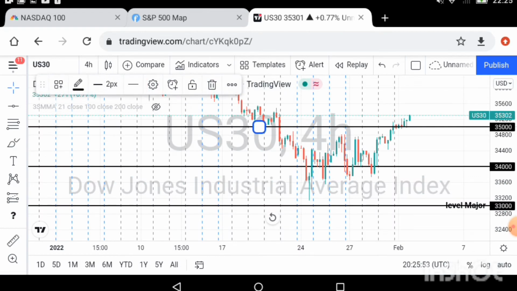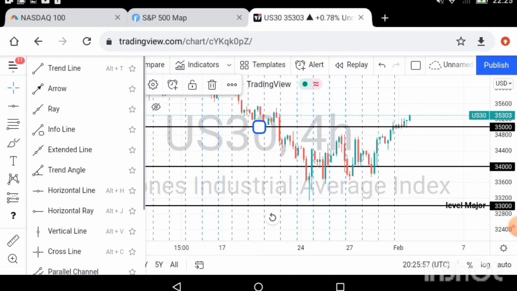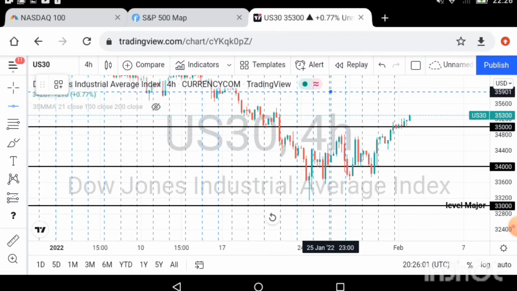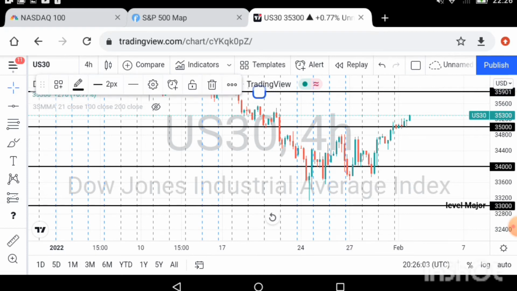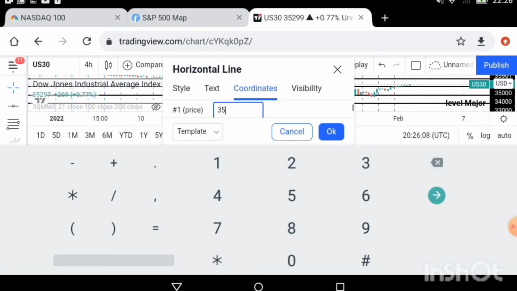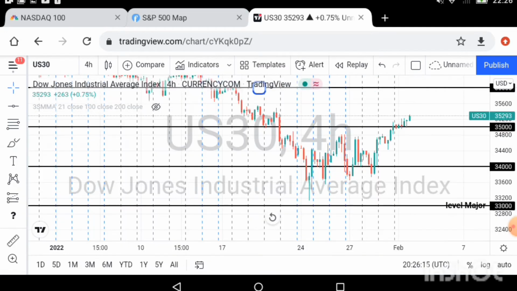Next level will be 36,000. These are major natural levels, every 1,000 pips. Next one will be 36,000. Am I correct? Correct me if I'm wrong.